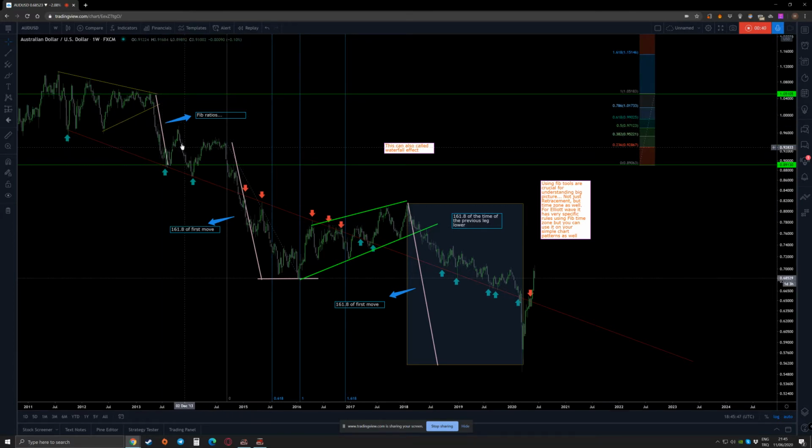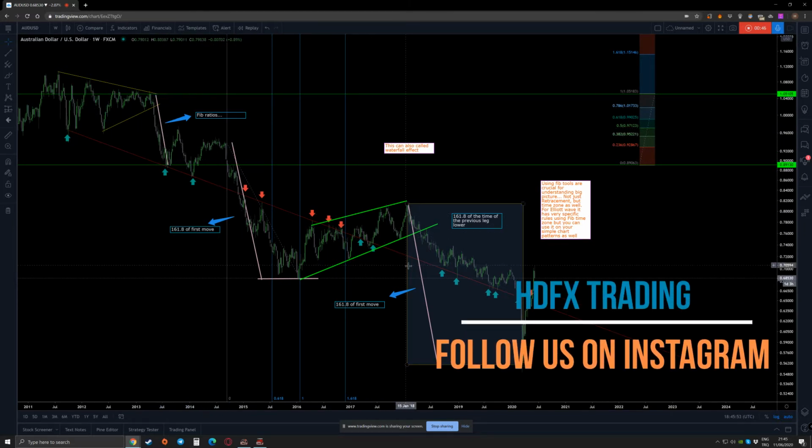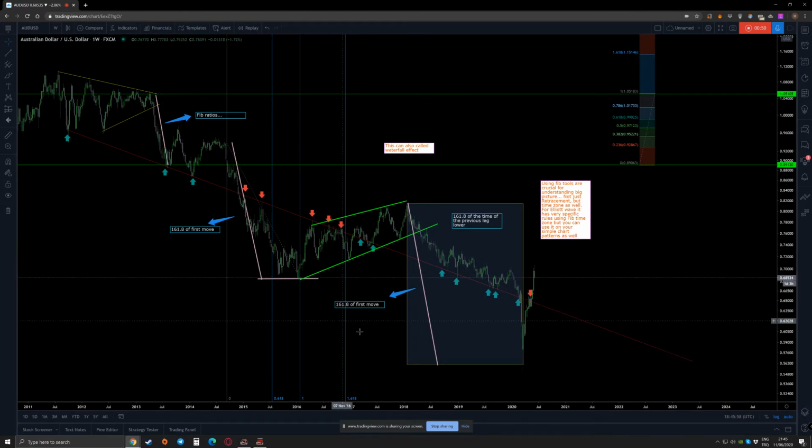And here, this is 161.8 of this move. This is exactly the 161.8 of this move, and this one is also equal in time. So it's very important to know this kind of stuff, okay? When you're trading, it is not just about Elliott waves or whatever you're using.